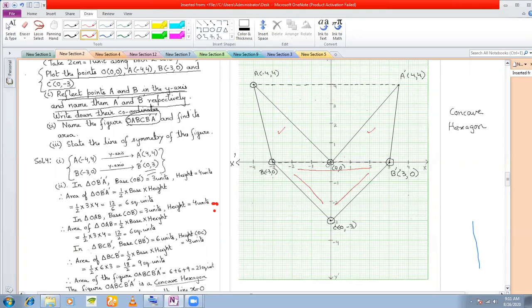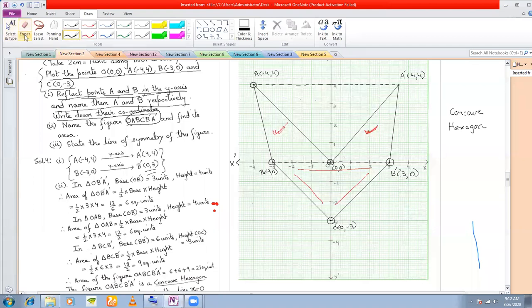It consists of these three triangles. Now, how to find out the area of this triangle? Because the area of this triangle and this triangle will be the same. If you can find out the area of this triangle, it means you have found out the area of this triangle also. How will you find out?